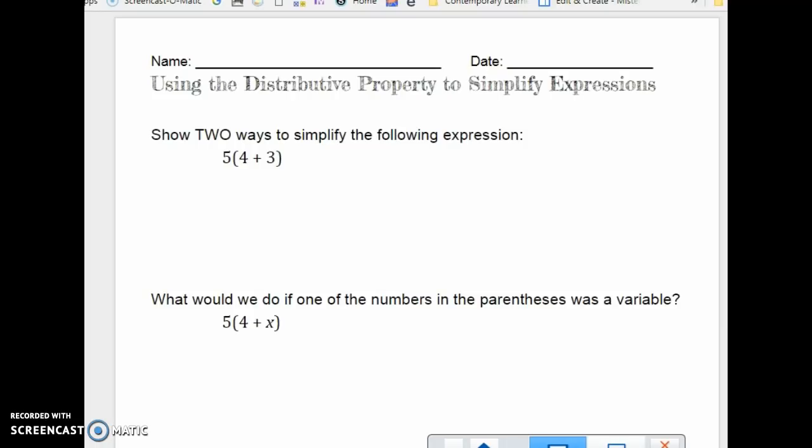The first thing we need to do is it says show two ways to simplify the following expression. Well, we all know from order of operations that 4 plus 3 in parentheses is going to give us 7.